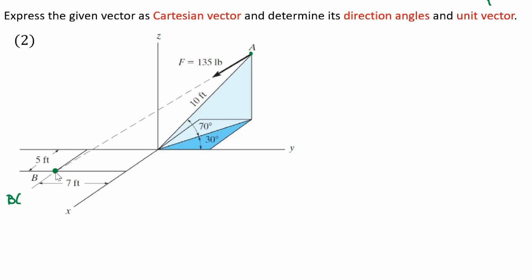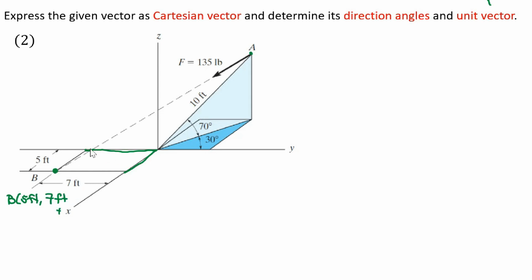Now, for point B, let's determine the distance of point B along X. That is 5 feet, and that is positive because that is going to positive X. Now, on Y, this is the Y-axis. This is the dimension of point B along Y, and that is 7 feet.